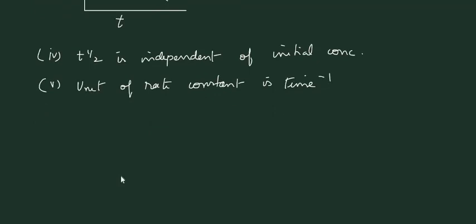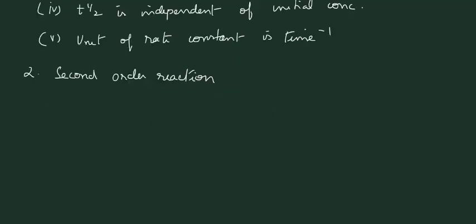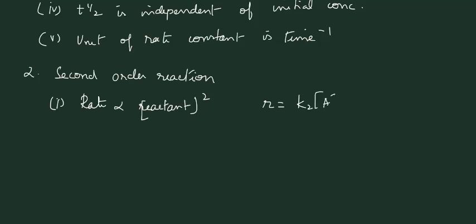Next we will see the characteristics of second order reaction. So characteristics of second order reaction are: first one, rate depends on concentration of the reactant, the whole square, that is R is equal to K A square.